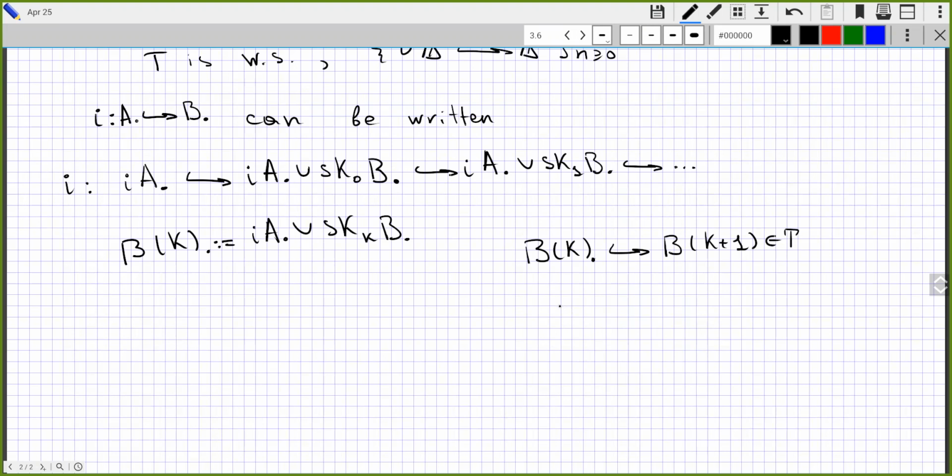And that is kind of now obvious if we write it in the following form.